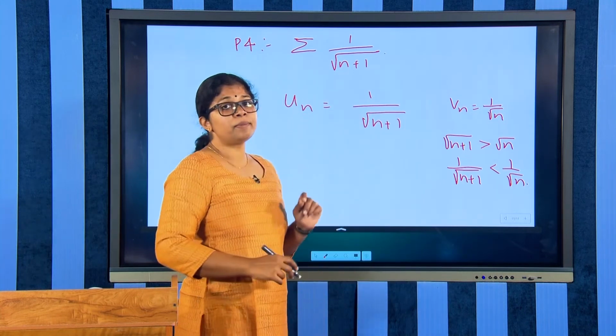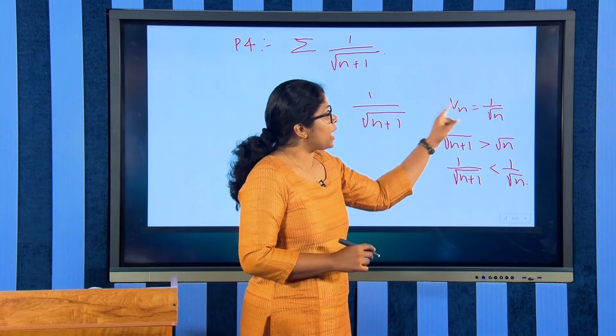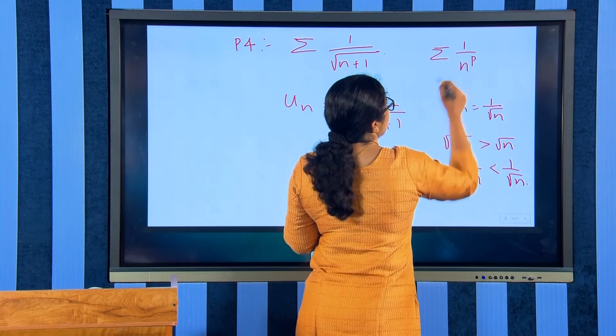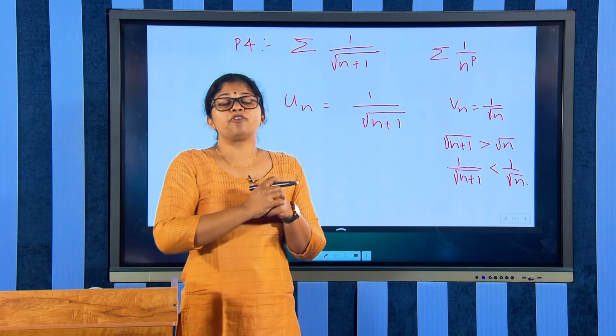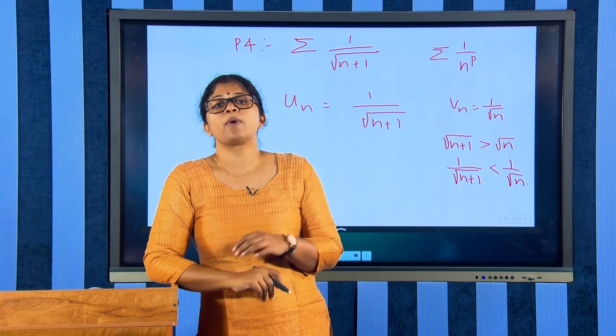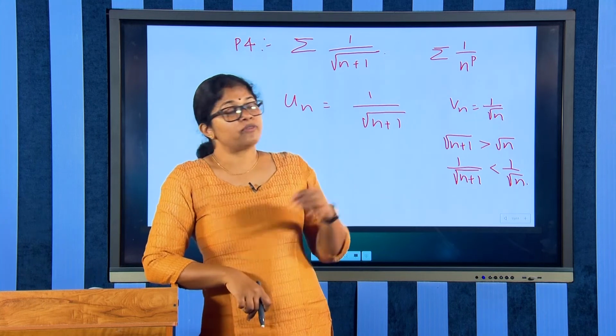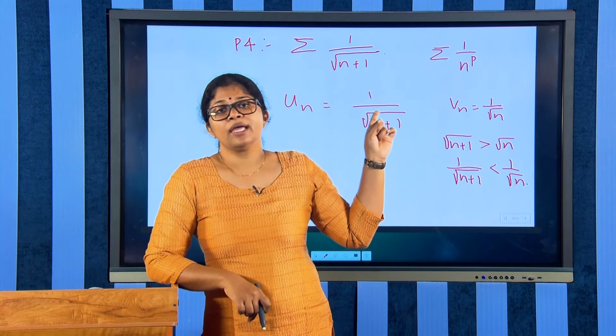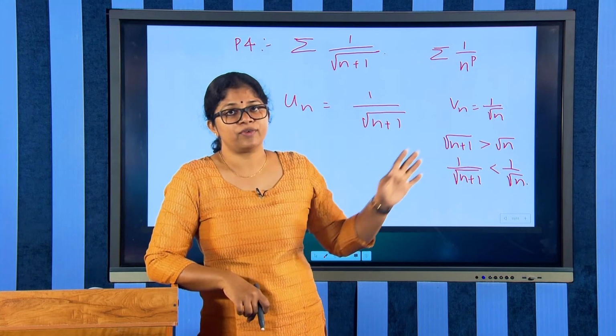But the problem is, we have learnt that summation 1 upon n raised to p converges if and only if p is greater than 1. So, here the value of p is 1 by 2. If the value of p is 1 by 2, it is less than 1, and so the series will not converge. So, it diverges.